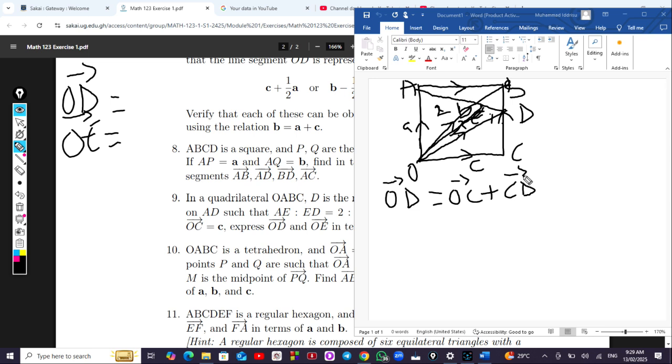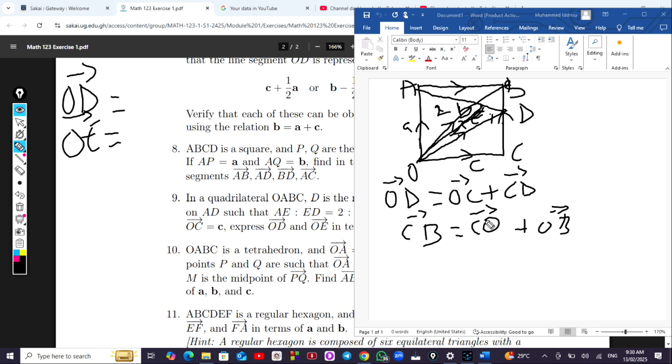we have to know CB. So CB, using the triangular law of vectors, is equal to, this should have been CO, not OC. So C will come first.